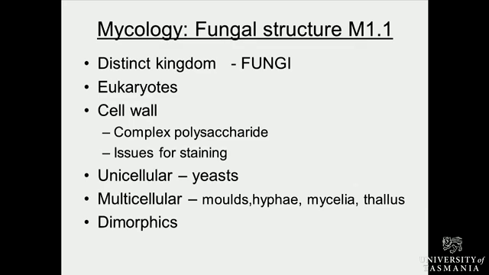The ones that for us are more challenging are the ones that are multicellular, and we call these moulds. A mould is defined by having hyphae, and hyphae are long multicellular extensions of the organism. They're like branches of a tree. And they have septa. Some have septa, most have septa. And a single thing is called a hypha.